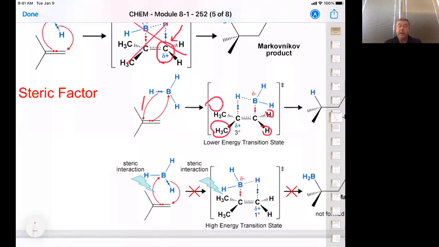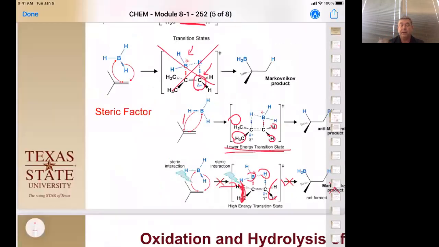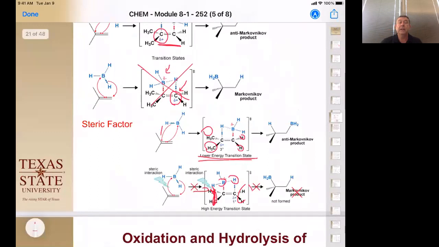If we flip it around the other way, and we have the boron here and is now being repulsed by these two methyl groups, and this hydrogen is only being buffeted by these two hydrogens, that is not as stable because the boron's being forced away, and therefore the boron going to the less substituted carbon is sterically favored as well. So there's an electronic reason and a steric reason to put that boron on that least substituted carbon.